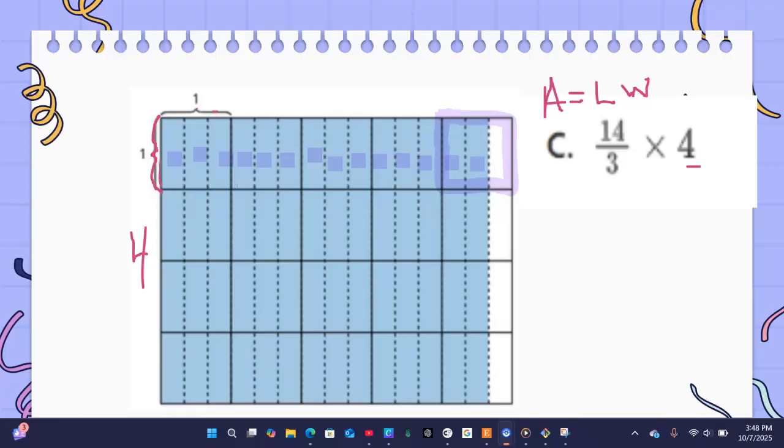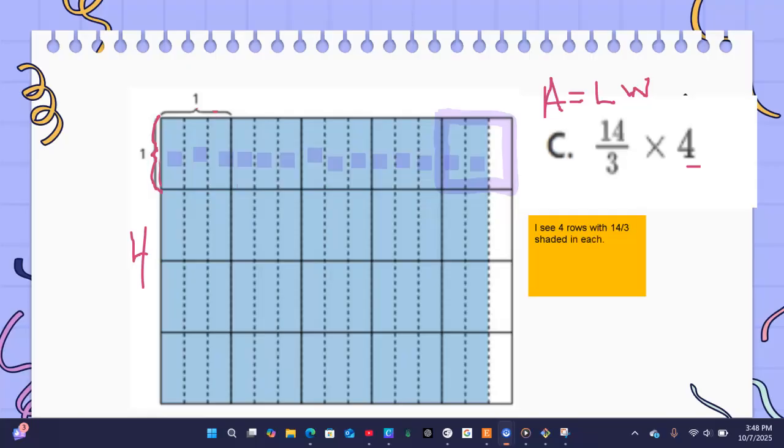So you could say, in terms of your explanation, I see 4 rows with 14/3 shaded in each.